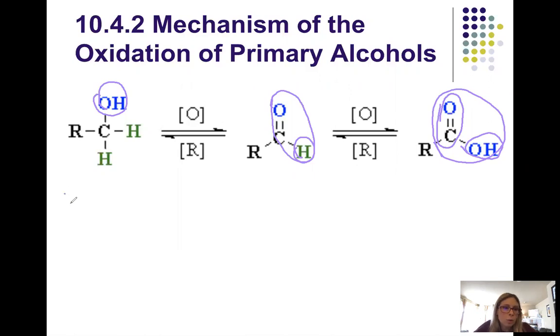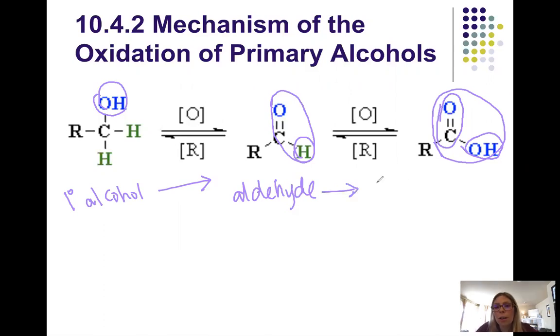So we go from a primary alcohol, and then we convert it into an aldehyde. And then we can go another step further and convert it into a carboxylic, oh goodness gracious, acid.